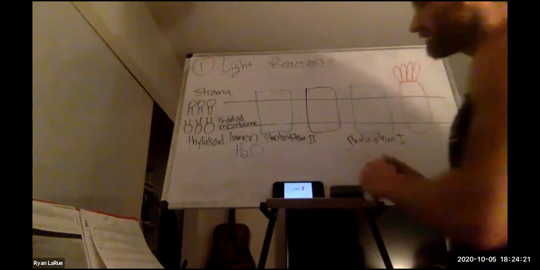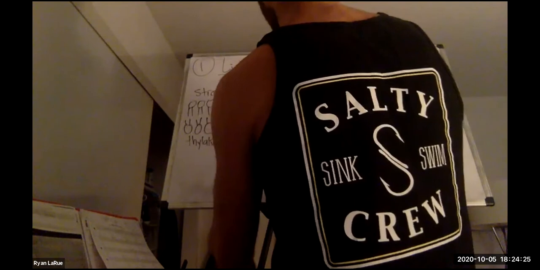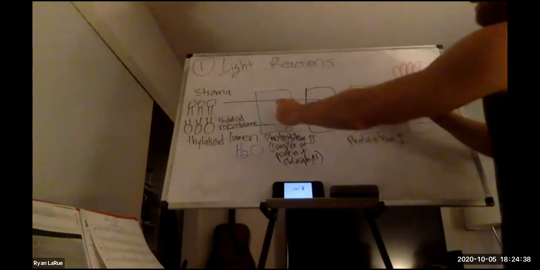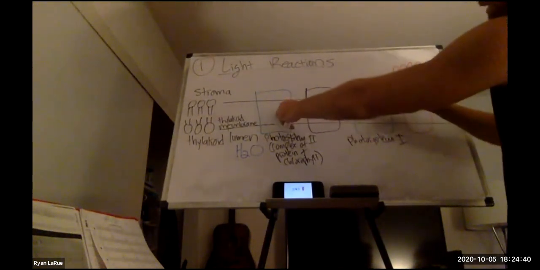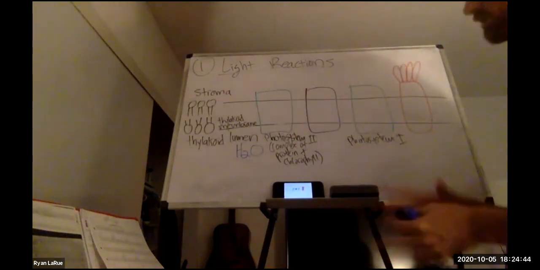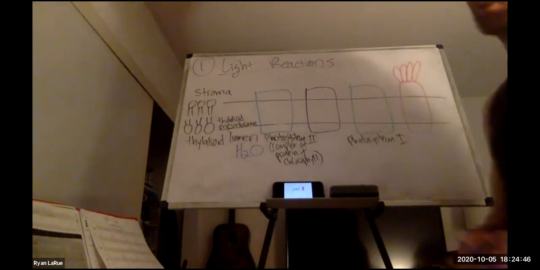But a photosystem is a complex of protein and chlorophyll. And the chlorophyll is going to be important in a moment. So our photosystems here, 2 and 1, protein and chlorophyll, which is a pigment molecule.